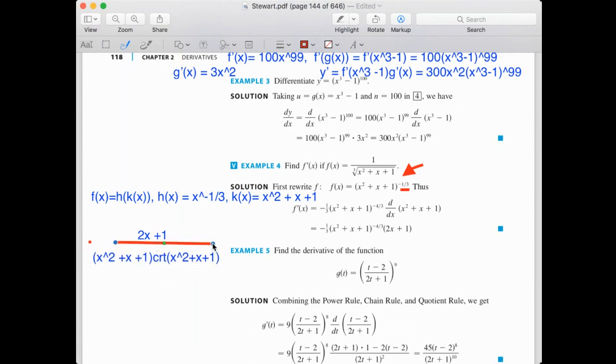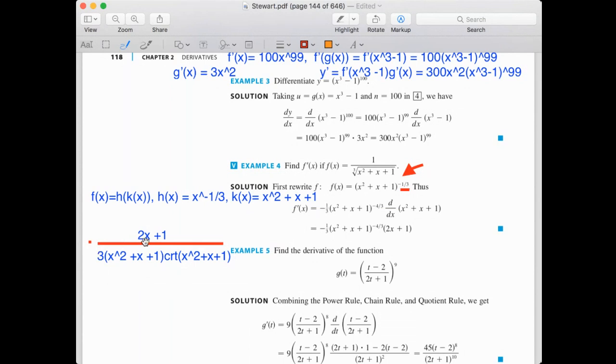So it's negative, okay. 2x plus 1 as a numerator. The denominator is x squared plus, oh, I'm missing 3 here. So we have 1/3.